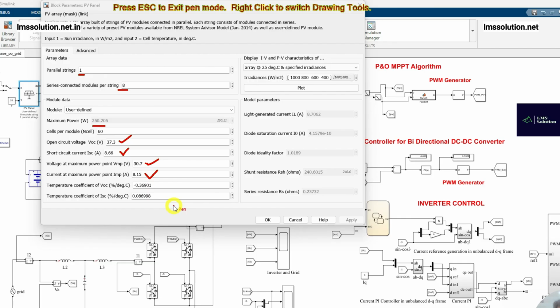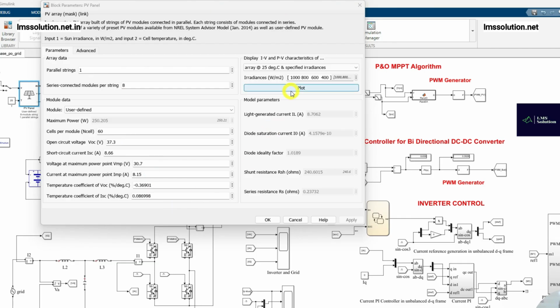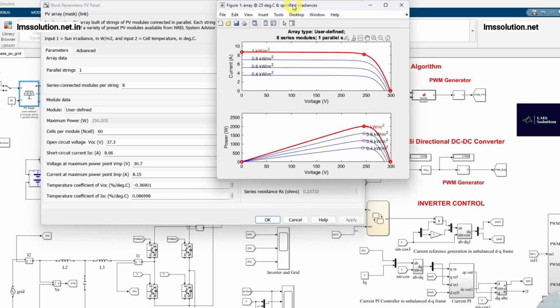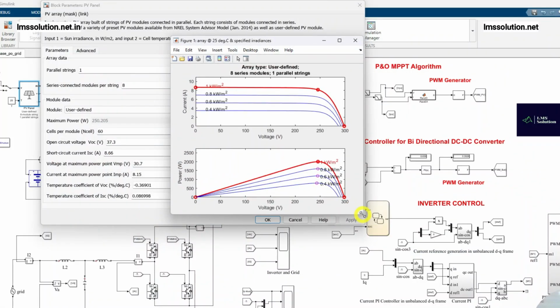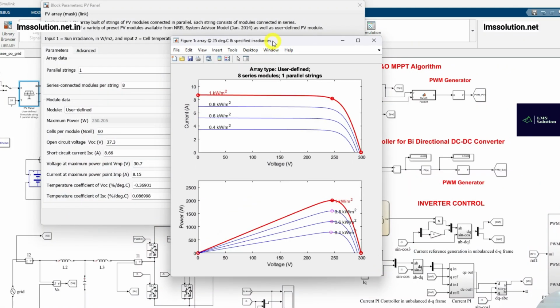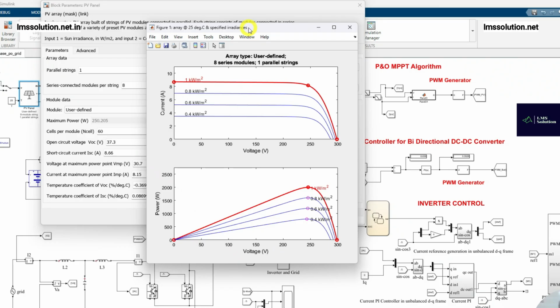Then I'm going to check the PV IV characteristics of the considered PV array at 25 degrees Celsius and varying irradiation conditions. Here we consider varying irradiation conditions 1000, 800, 600 and 400. I just click this one, and then you will see the graph for the IV and PV characteristics of the PV array.